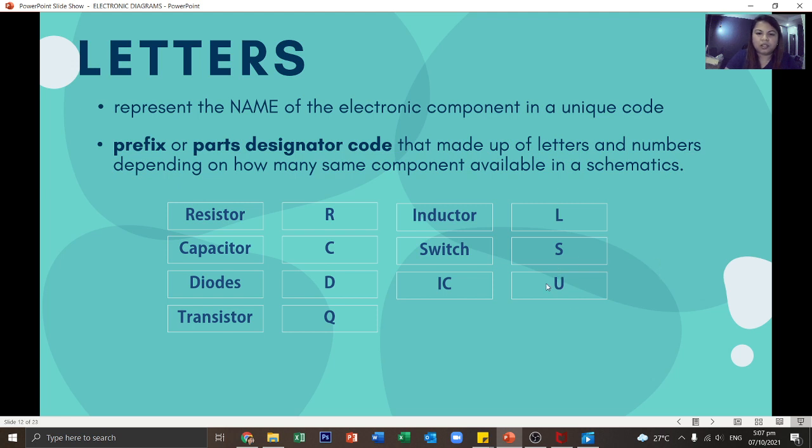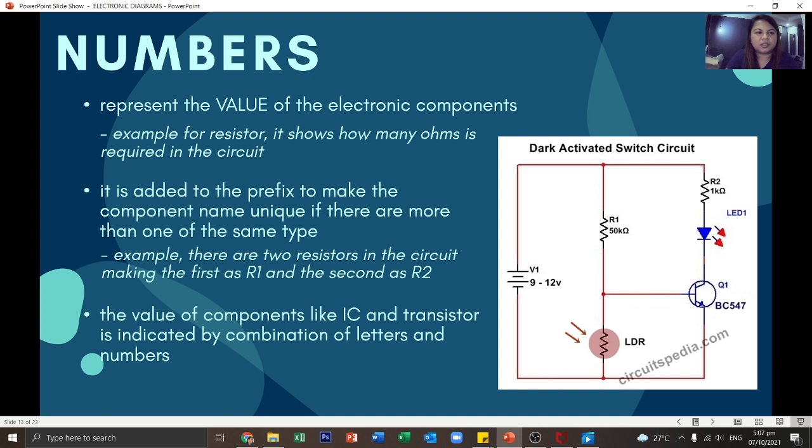If you find letter U, it means it's an IC, or otherwise they call it IC. For the transformer, we use letter T. So that's why we don't use T for transistor, because it's for transformer. Okay, so there are other prefixes being used, so it's up to you again to research these prefixes and parts designators being used for electronic components.